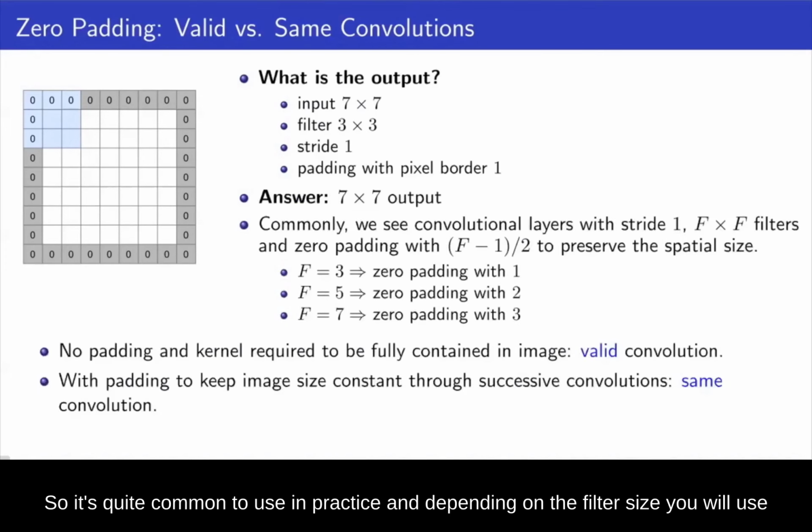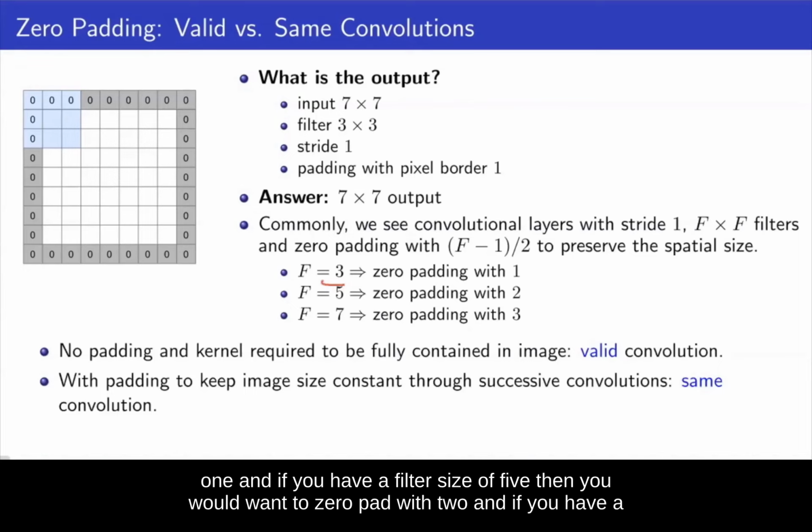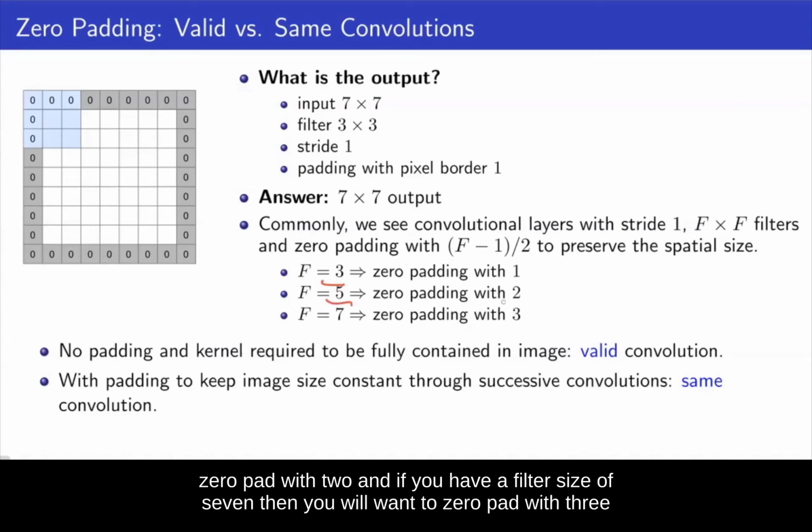It's quite common to use this in practice, and depending on the filter size, you will use different zero paddings. If you have a filter size of 3, then you would want to zero pad with 1. If you have a filter size of 5, then you would zero pad with 2.